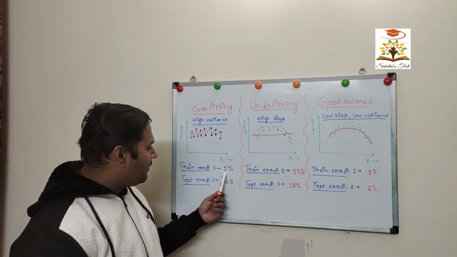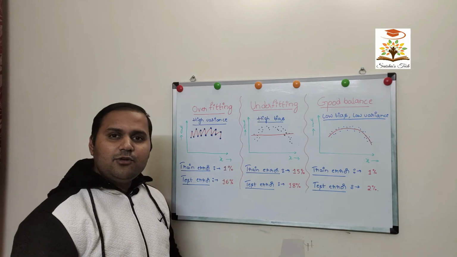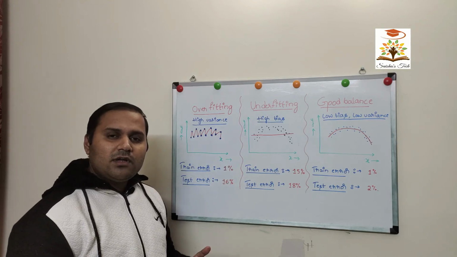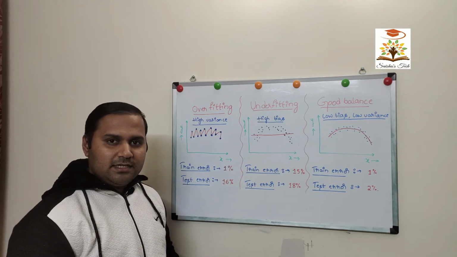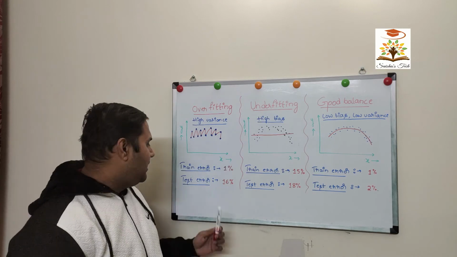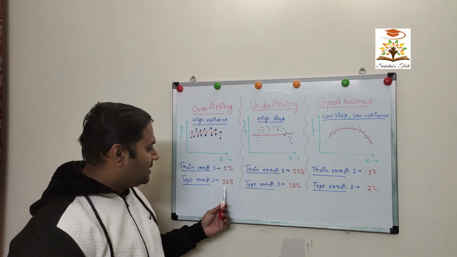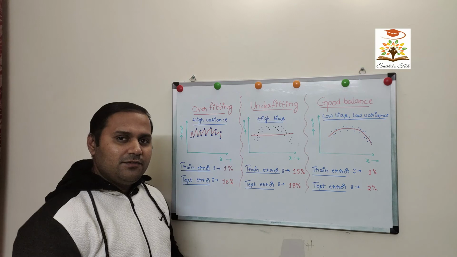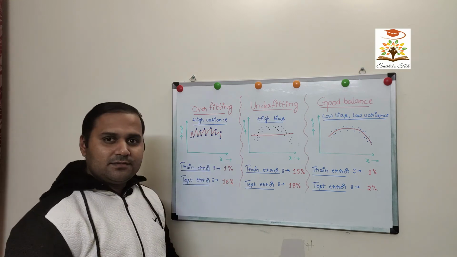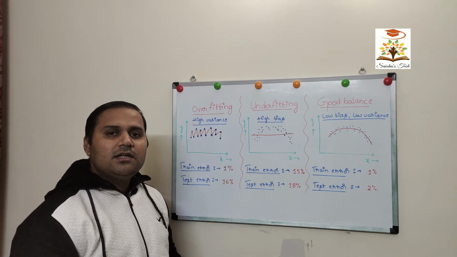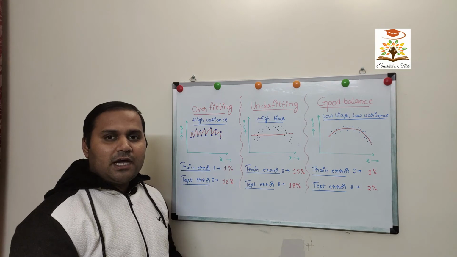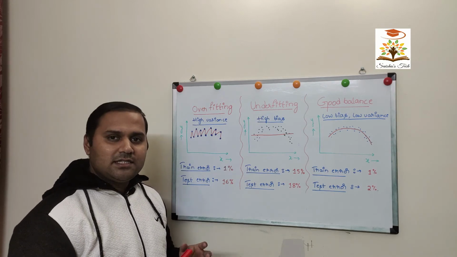If the training error is 1% and you predict the model on the unknown data set, that is the test set, and that error is 16%, then we have an overfitting case, wherein the model along with the patterns of the data has also captured the noise in the data.